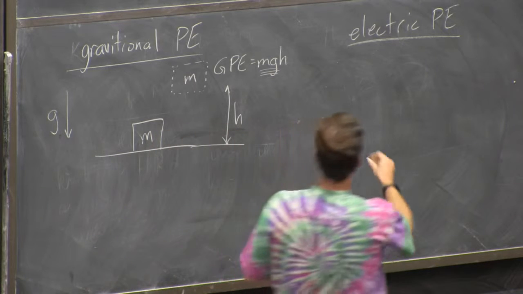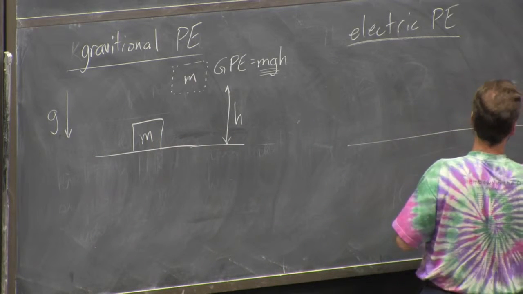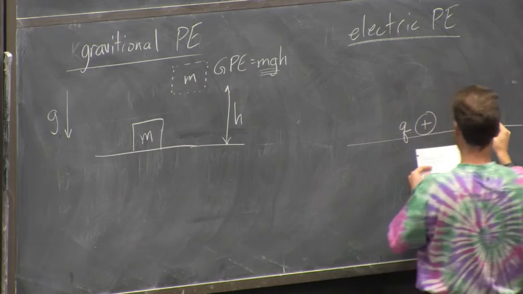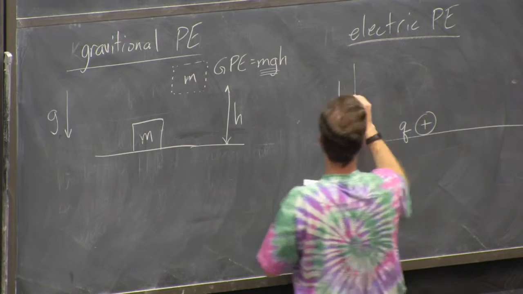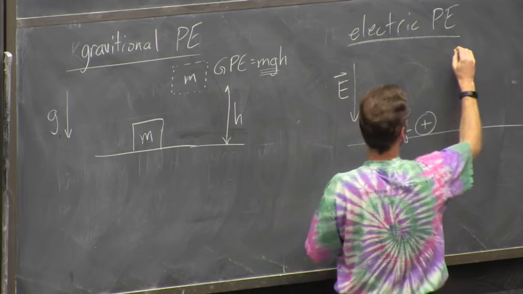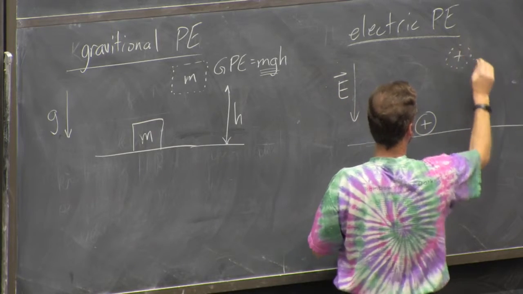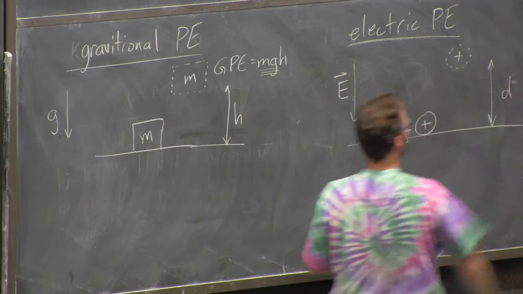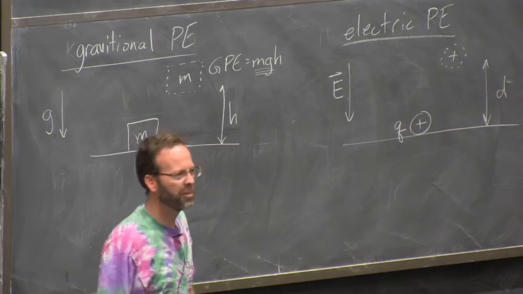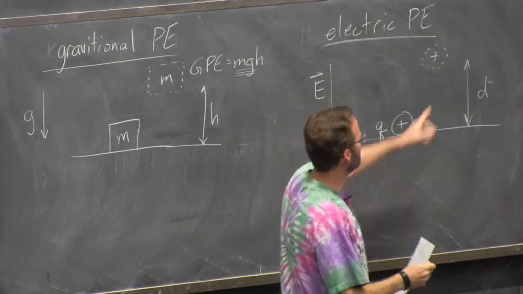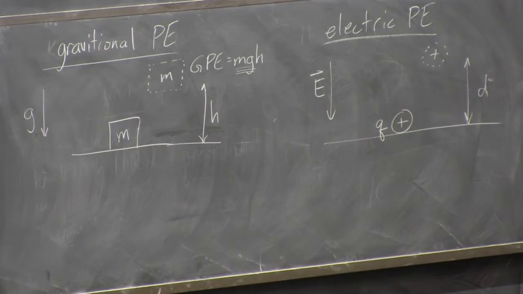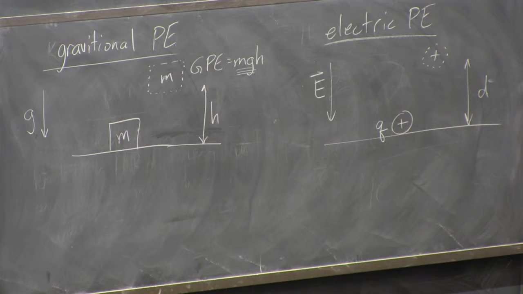Well, it's totally analogous for a charge. Charge Q in an electric field, if we want to lift it up to here, move it a distance d. Can you see the similarity? Which way does this positive charge want to go in this electric field? Down. Yeah, the force is pushing it down.